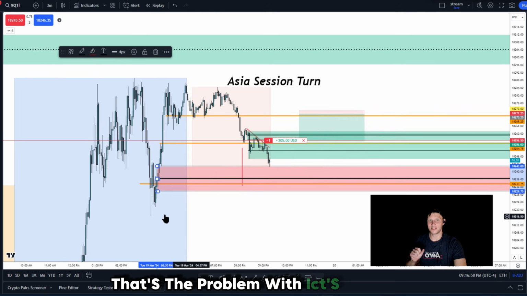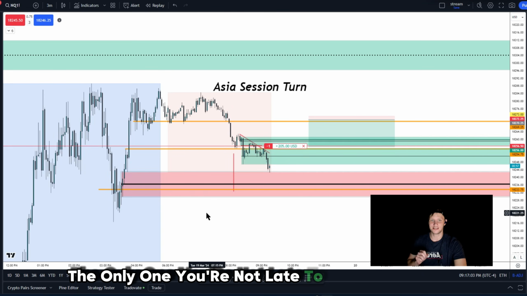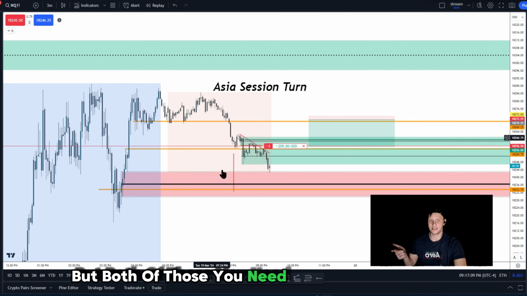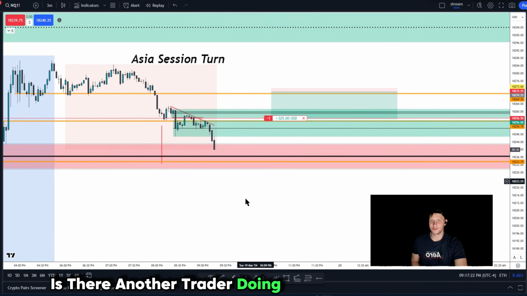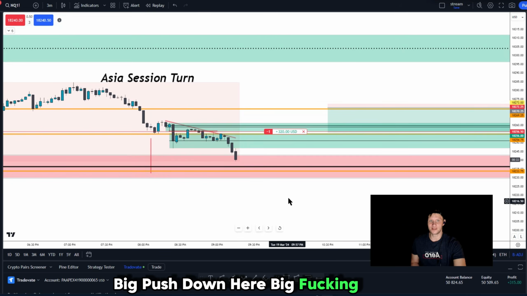That's the problem with ICT's concepts, you're always late to the game. The only ones you're not late to are the breaker and the turtle soup. But both of those, you need an entry criteria with them. Just ask yourself, is there another trader doing what I'm doing? No, there's not. Push down here, big money, let's go.